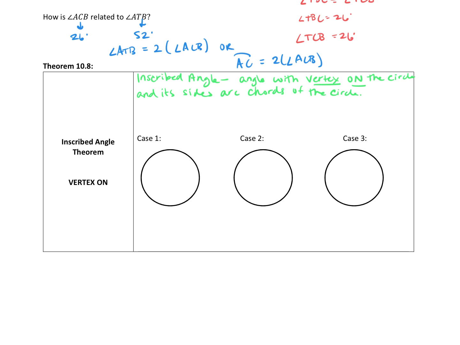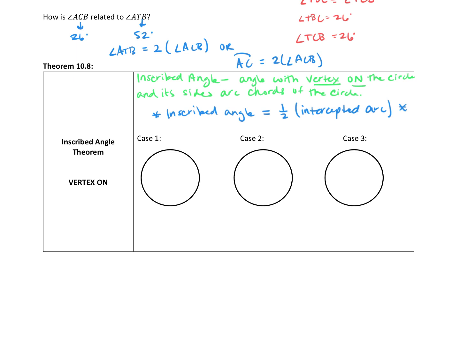All right, when you have an inscribed angle, the inscribed angle is equal to half of the intercepted arc, or 1/2 times the intercepted arc. That's the relationship between an inscribed angle and an intercepted arc.